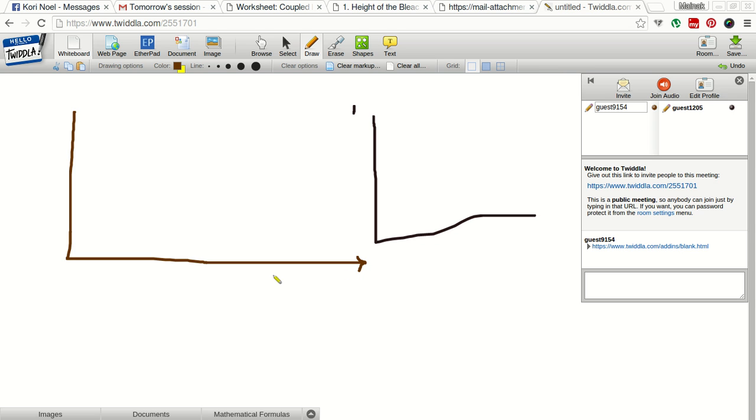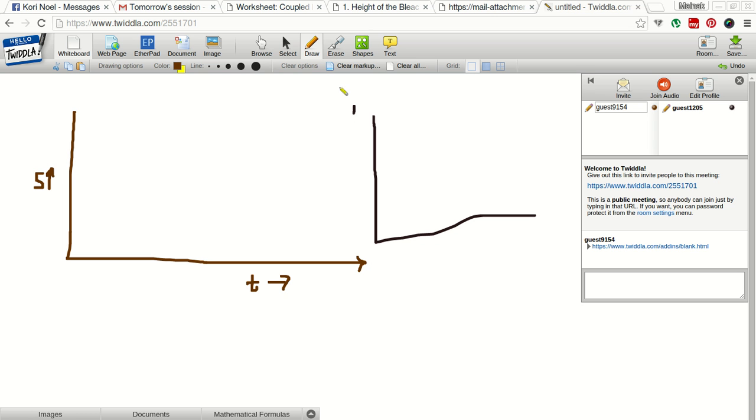So maybe time in the x direction, and in y, I take the distance.